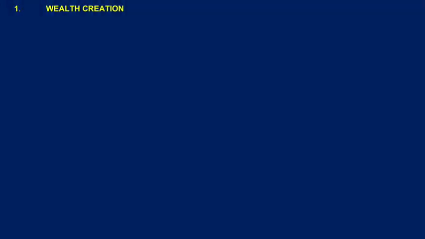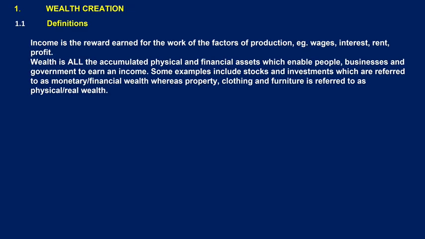Right, number 1, we're dealing with wealth creation. So let's look at the definitions first of all. Income is the reward earned for the work of the factors of production. For example, wages, which is obviously for the factor labor, interest, which is earned by capital, rent is earned through land, and then profit earned by entrepreneurship.